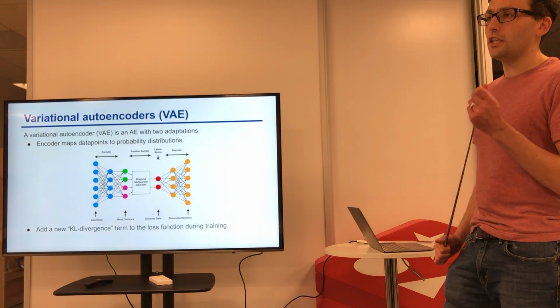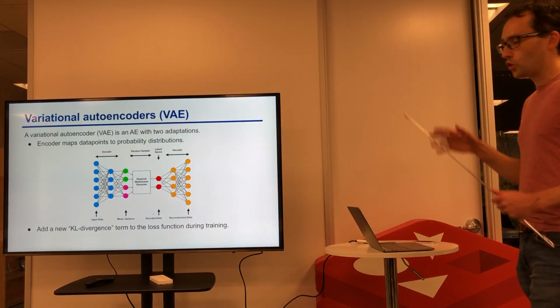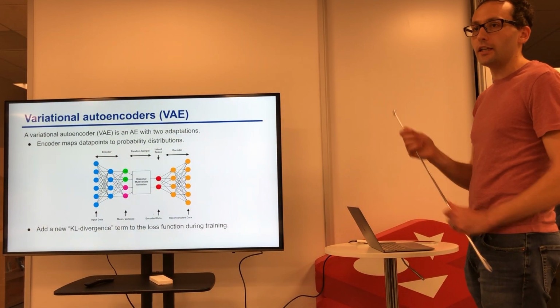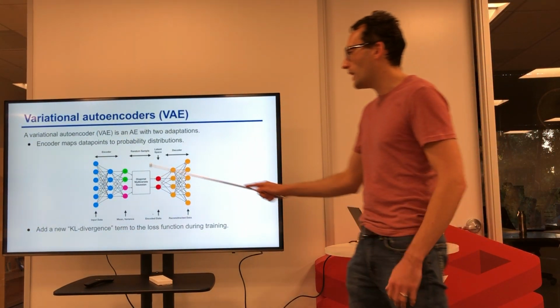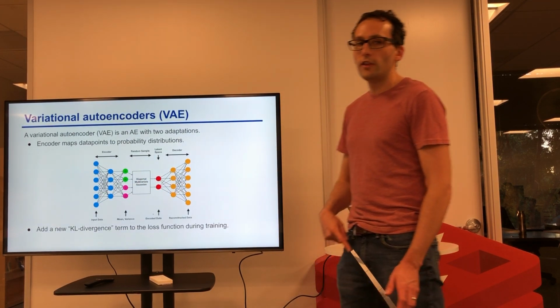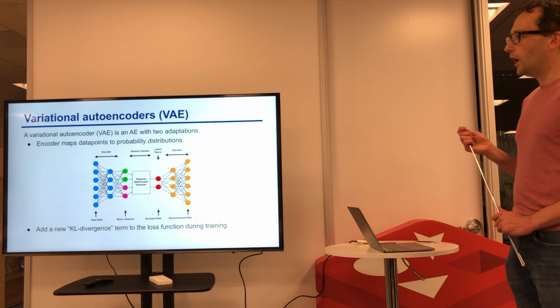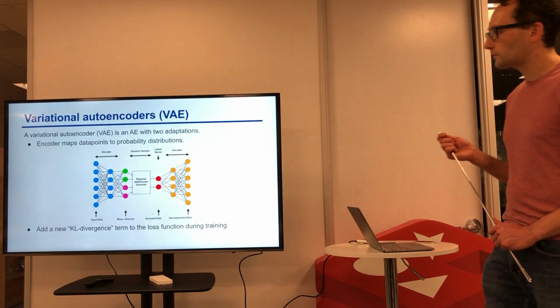Specifically, those distributions will be multivariate Gaussian distributions. To map to one of those, you really just need to specify the parameters for that distribution, its means and variances. That's going to be the output of the encoder part of the variational autoencoder.